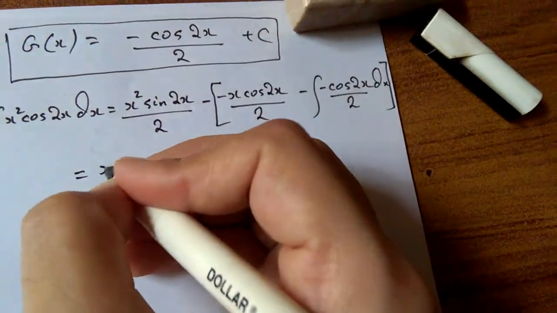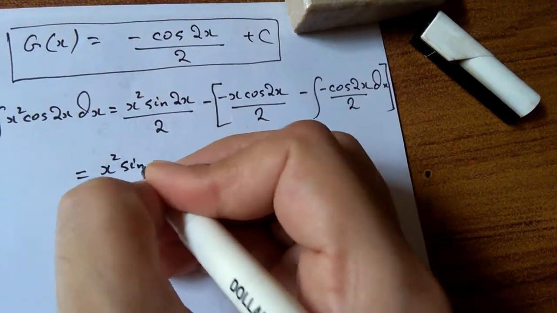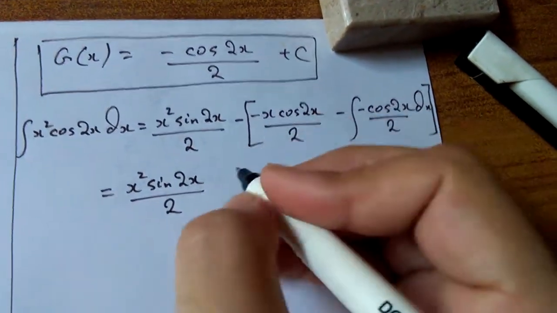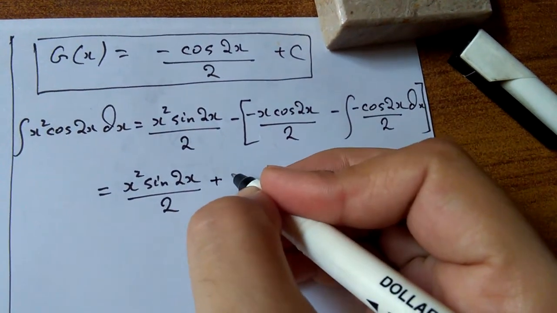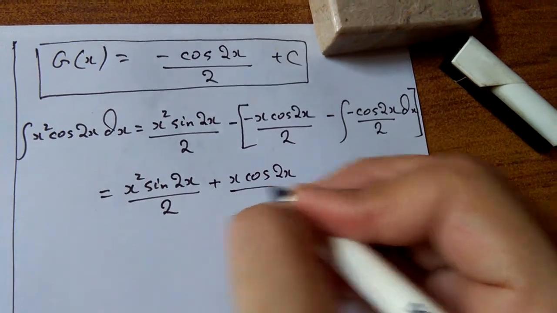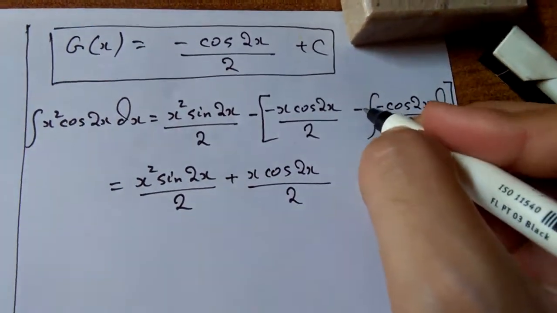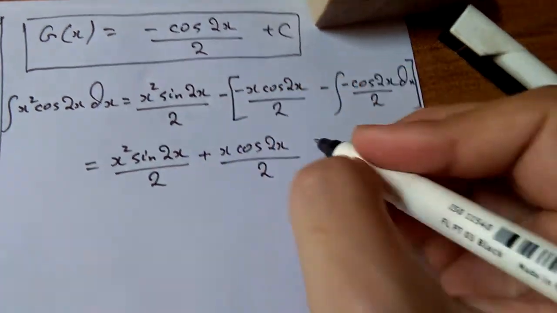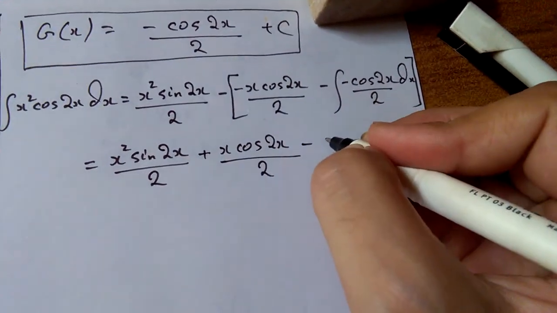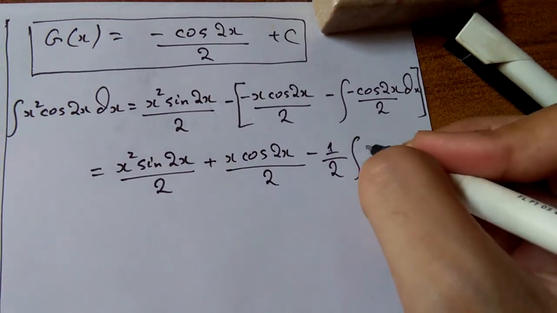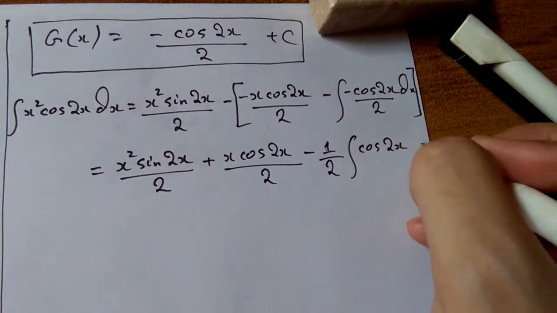Okay, now let's open it up, and you see minus minus gives you plus, and then this plus minus gives you minus. Okay, and this 2 I'm going to write outside the integral, and it's cosine 2x dx.